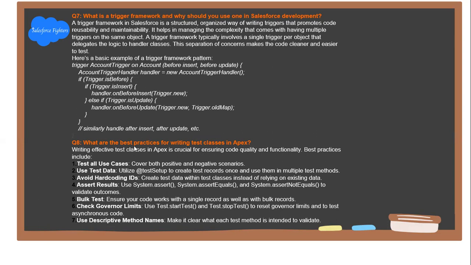Next question: what are the best practices for writing test classes in Apex? Writing effective test classes in Apex is crucial for ensuring code quality and functionality. Best practices include: test all use cases, covering both positive and negative scenarios. Use test data: utilize @testSetup to create test records once and use them in multiple test methods.